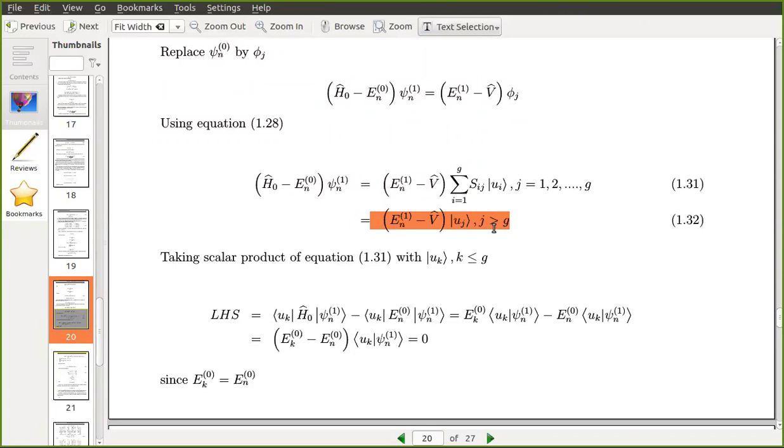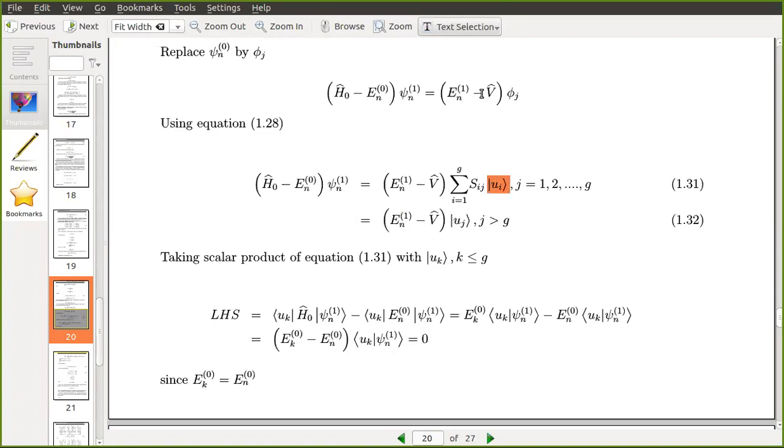We are only replacing those g states and no other changes for the other non-degenerate states. You take a system, you find the degenerate states, and only replace those degenerate states. We are not touching the other states.